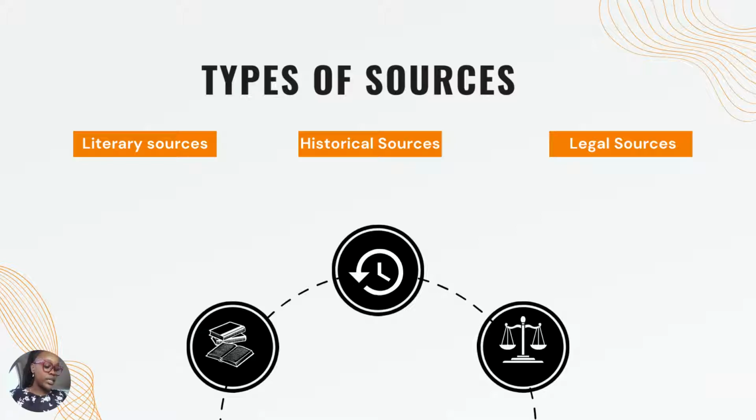The term literary source merely describes the location of the law. So, where can the law be found? So, your literary sources are going to be books, statutes, treaties, law reports, that kind of stuff. Okay. When talking about literary sources, you're not concerned with the content of the law.